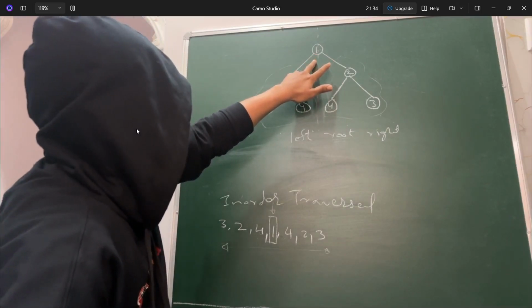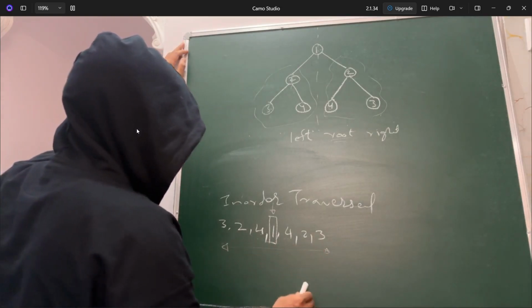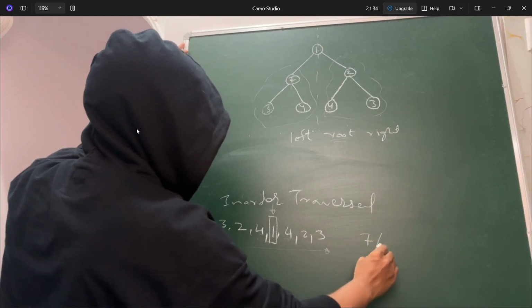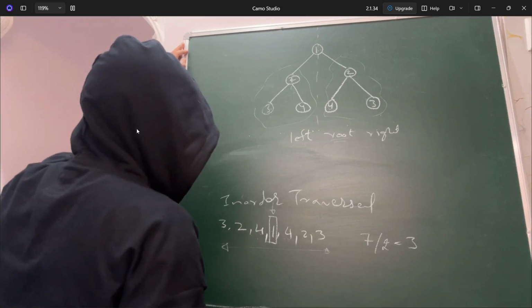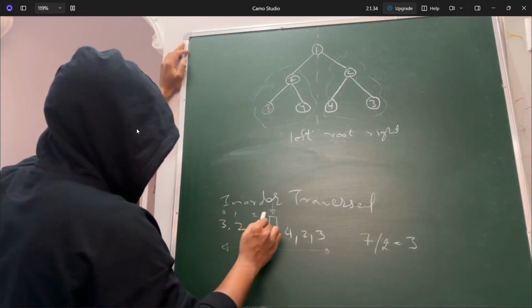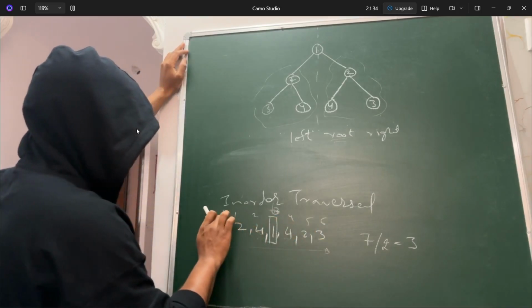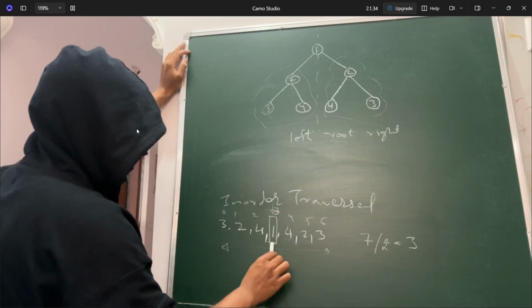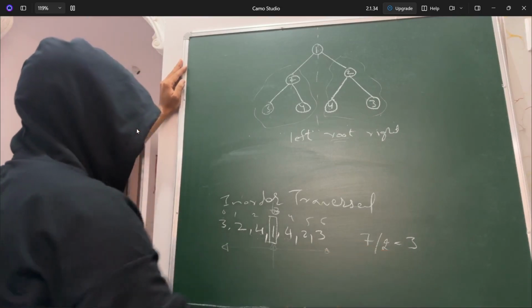So we'll go to the mid value, that will be length of the in order traversal, which is 7, divided by 2. If you do this, it will give you 3 in integer division. So if you consider 0 1 2 3 4 5 6 as an array starting at index 0, the middle element comes out to be at 3.